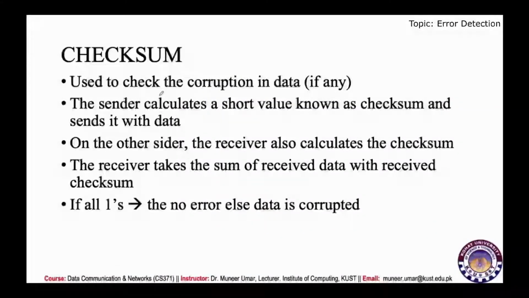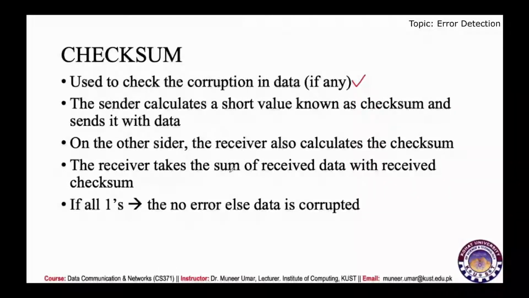Checksum is used to check the corruption in data. This is used for checking errors if occurred in the received data. The sender calculates a short value known as checksum and sends it with the data. On the other side, the receiver also calculates the checksum.